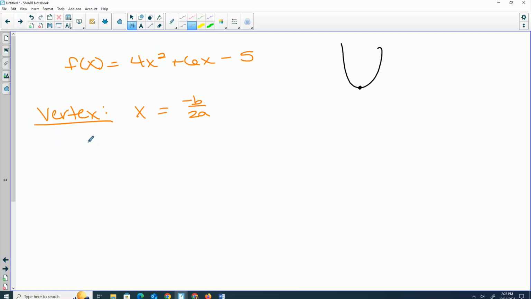So, it'll be negative 6 over 2 times 4. So negative 6/8 or negative 3/4. Remember, the vertex is an ordered pair. How do we get the y? Okay.